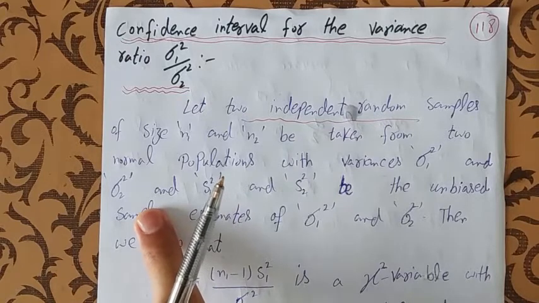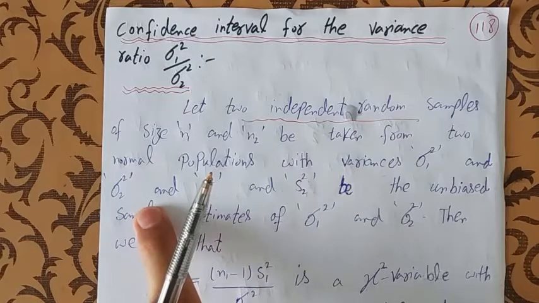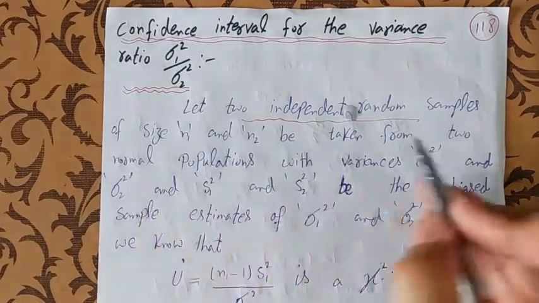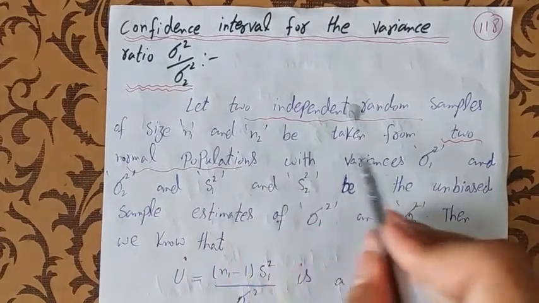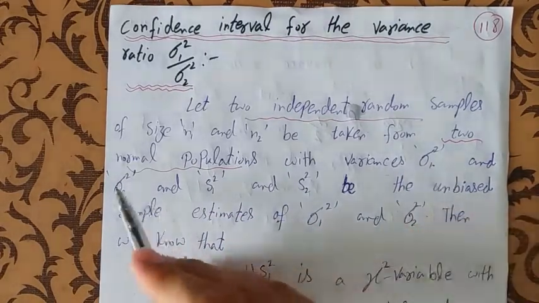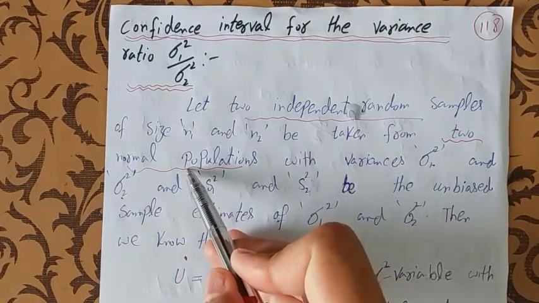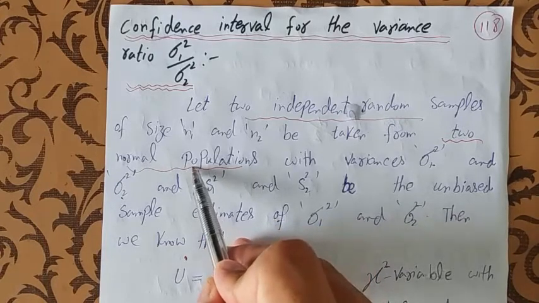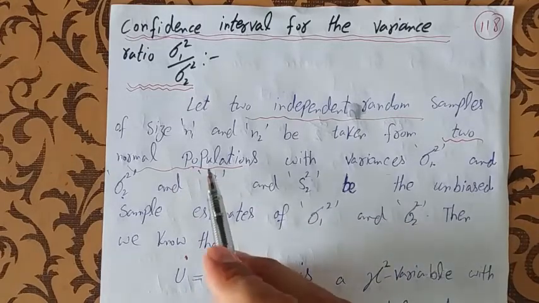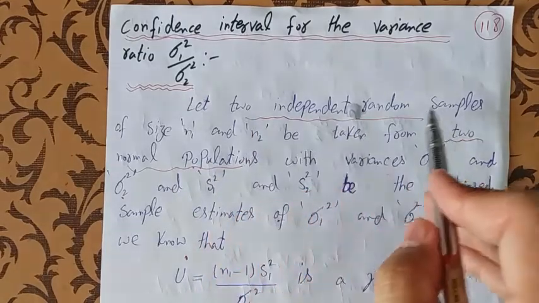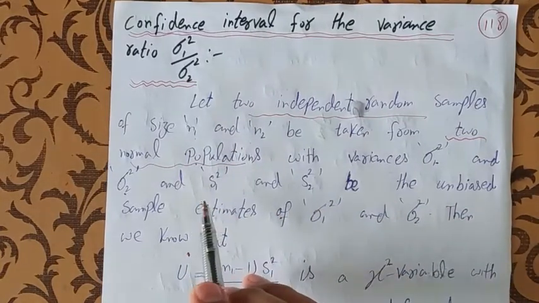Dear students, similar to the previous lecture, we have two normal populations with variances sigma 1 square and sigma 2 square, and we take two random samples of size n1 and n2 respectively.